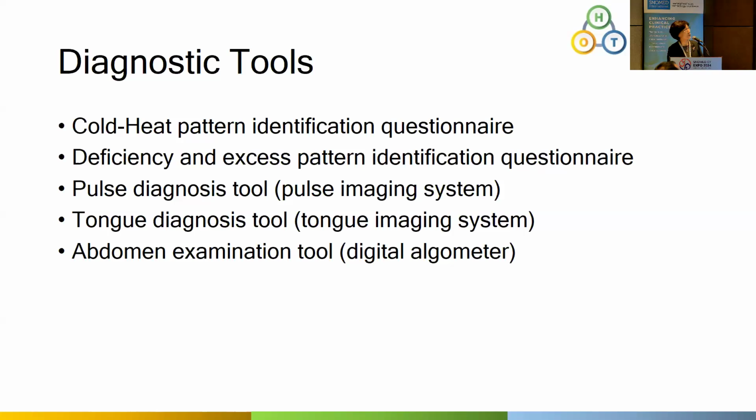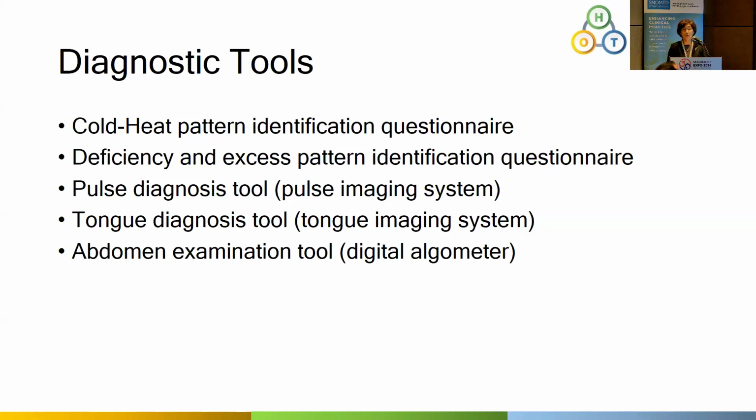So I have more examples here. Oh, sorry. This is the diagnostic tools. Okay. So not only do they use their bare eyes or hands, but they can use different types of tools.